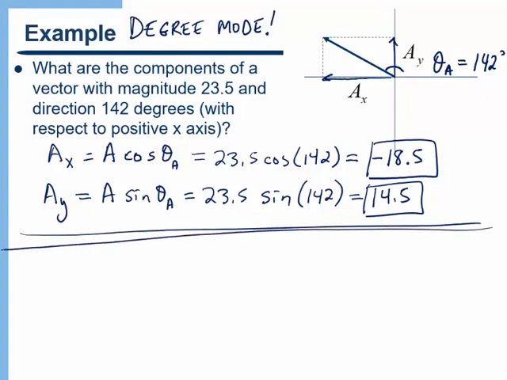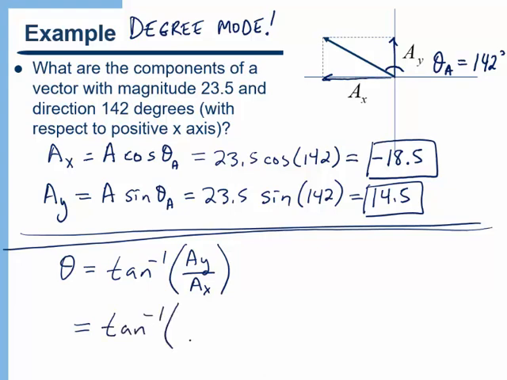Let's test out one of the other formulas we've talked about, and that is going from the components back to the angle. We said on the last slide that we can find the angle by taking the inverse tangent of ay over ax. Go ahead and try that calculation and see if you get back to 142 degrees. Okay, so I'm going to do it.